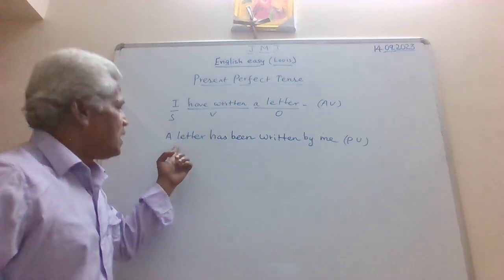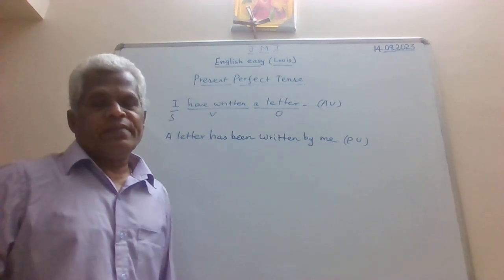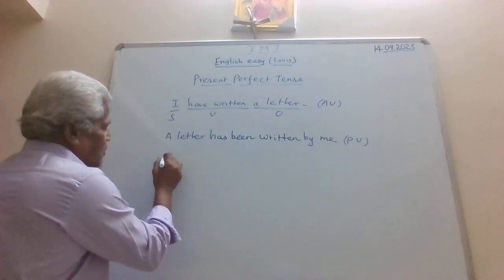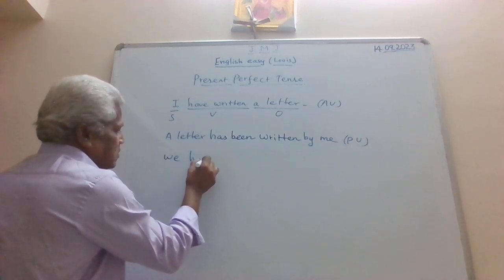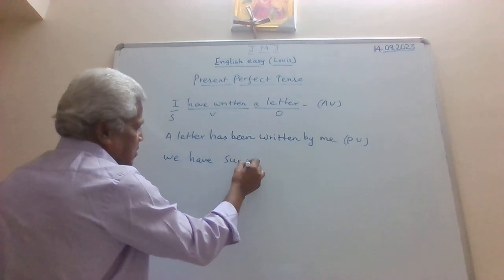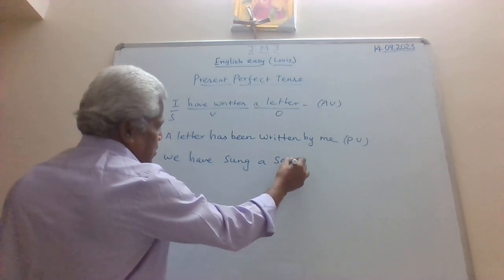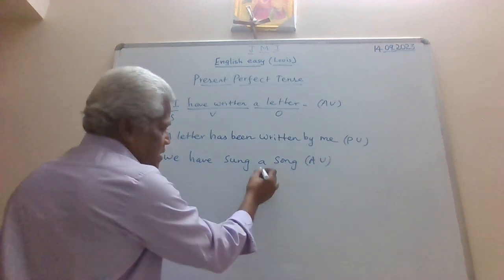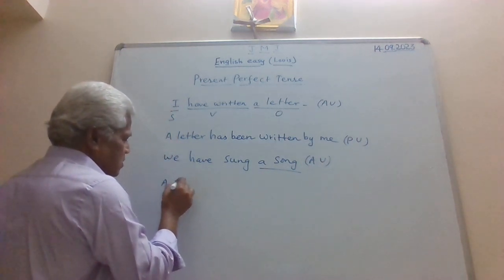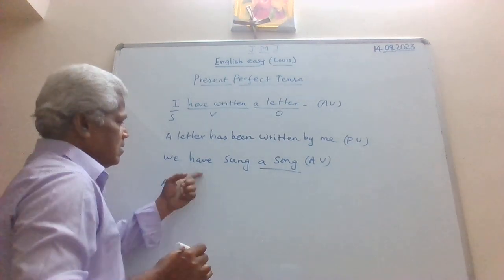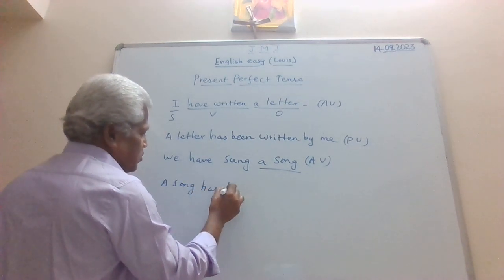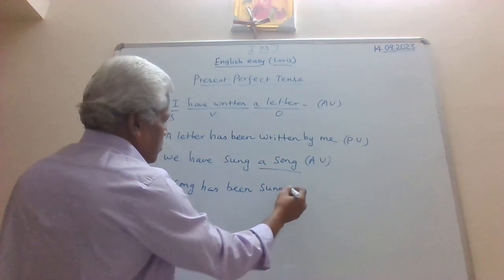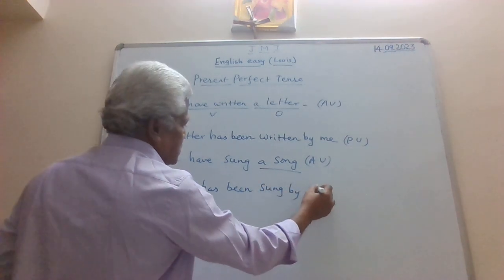See, a letter has been written by me. What about I have sung a song, or we have sung a song? We have sung a song in your active voice. So how will you write this? A song has been sung by us.